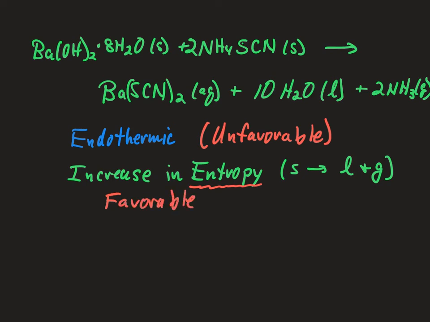And so at the moment we have a system where our enthalpy change is unfavorable, but our entropy change is favorable. We could have the opposite: processes where our enthalpy change is favorable and our entropy change is unfavorable. The question is, when those two disagree, how do we decide which one wins and whether our process is spontaneous or not?